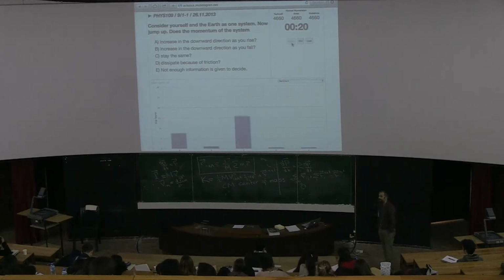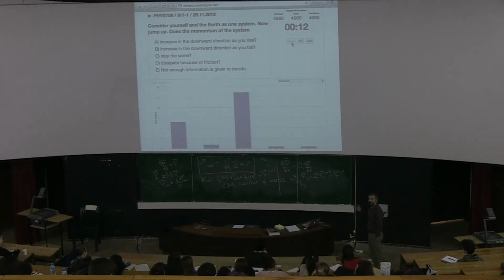If I understood it correctly, initially there is no momentum, everything is at rest, but then the kinetic energy of the system is increasing, and hence there is momentum. So the momentum increases in the downward direction as you rise. So you are jumping up. This is what you do. So as you rise, there is an increase in the momentum. So that is answer A.